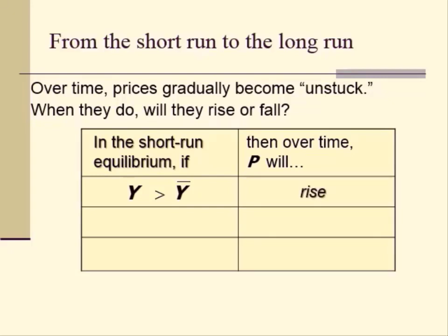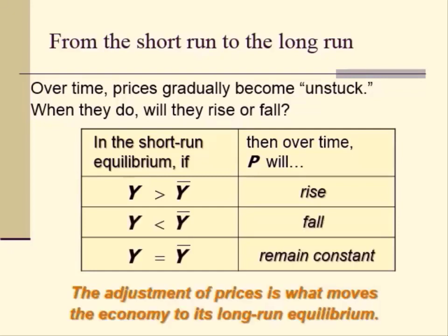That is, if AD is higher than the full employment level of output Y bar, there's upward pressure on prices because the firms must pay higher costs of labor over time, and also higher cost of maintenance and repairing over time, and also increased depreciation of capital that will lead to an increase in the price level. And the adjustment of price is what moves the economy to its long-run equilibrium.